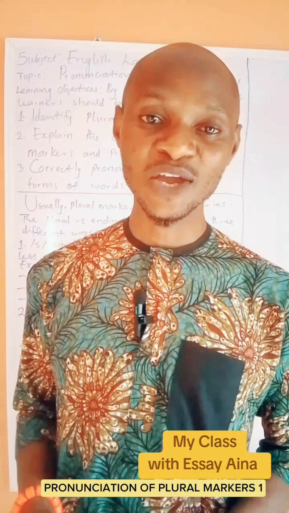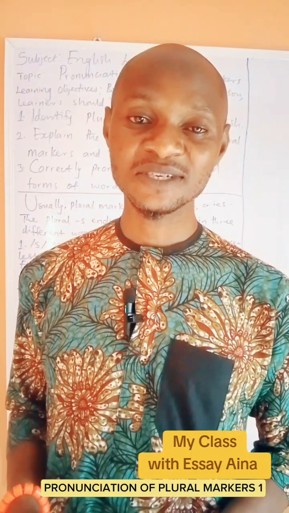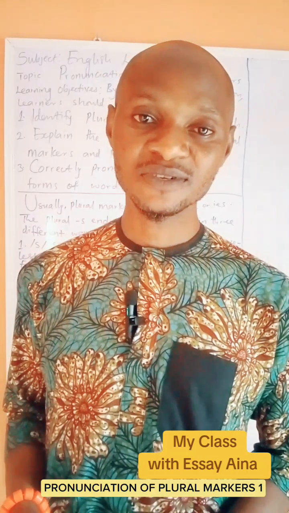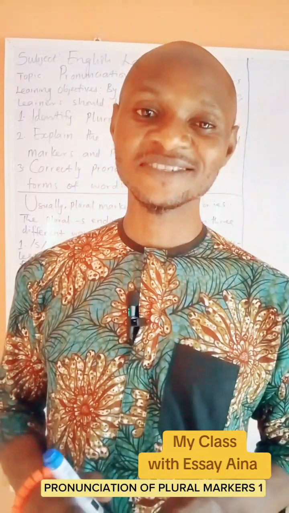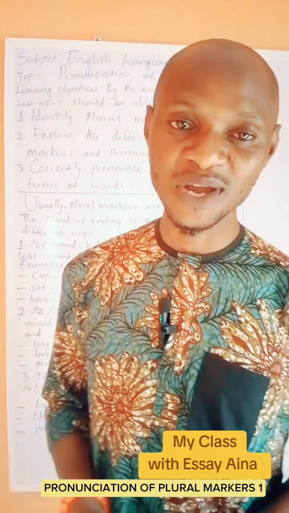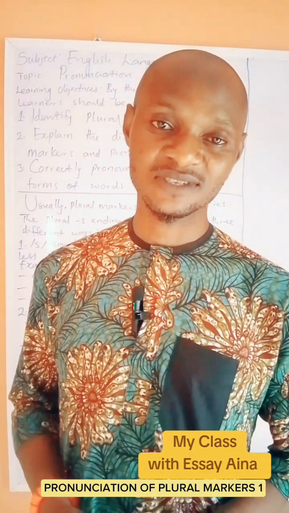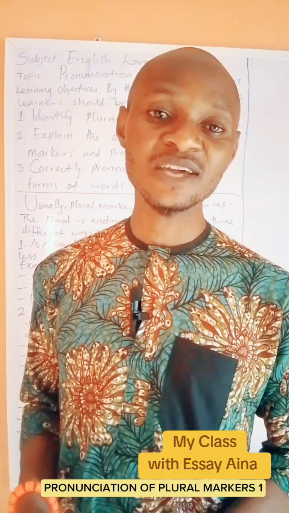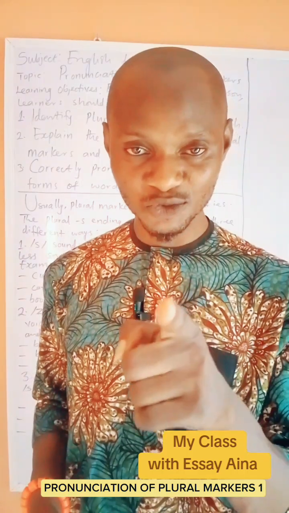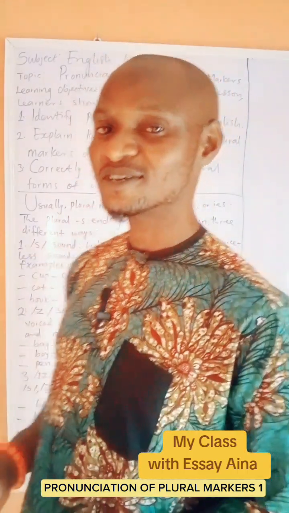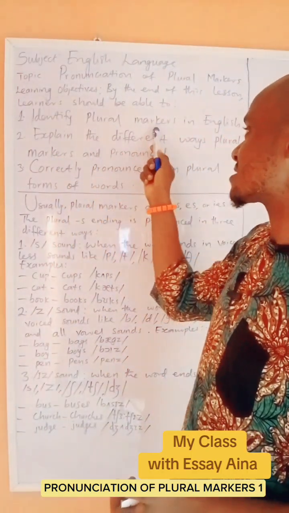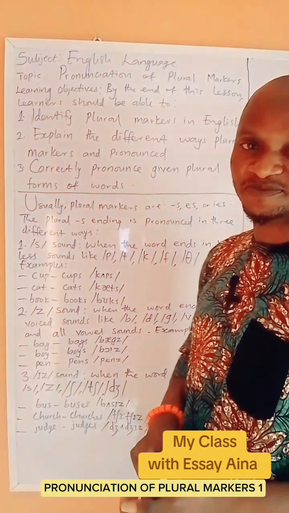And I hope that after watching this video, you correct, you adjust your pronunciation. So to our learning objectives. Number one, by the end of this lesson, learners, that is you watching me right now, should be able to identify plural markers in English.